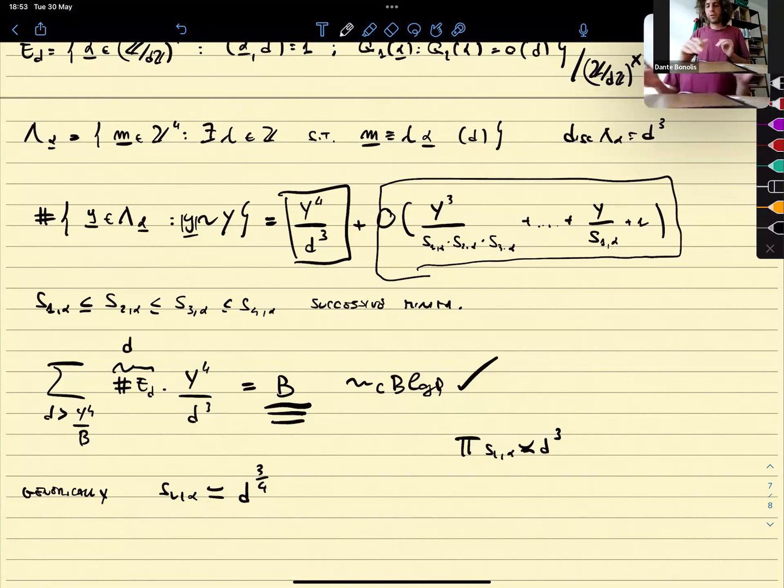And once you have this, and you plug all these things into your error term, you get a sum that is negligible.